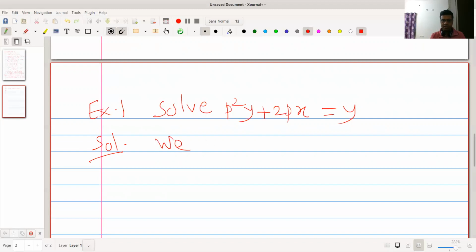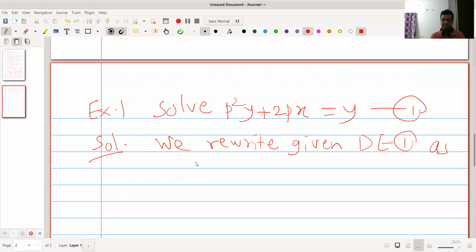So we rewrite given DE, so we call this DE as 1, given DE 1 as, so we need x as function of p and y. So it is 1 minus p square into y upon 2p. You can check it easily. So we call this as 2.